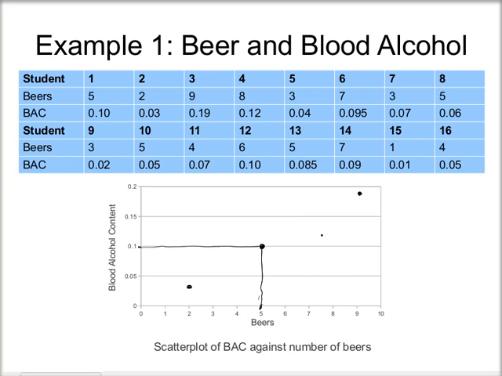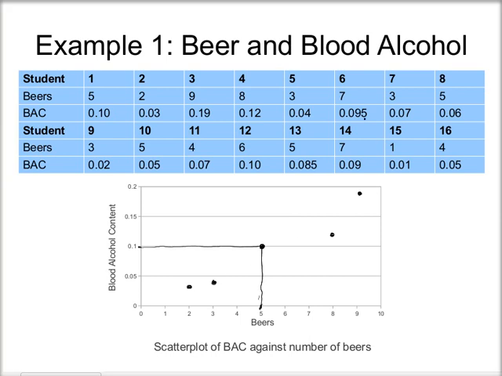My fourth student drank 8 beers and had a blood alcohol content of 0.12, which is about here on my chart. The next student drank 3 beers and had a blood alcohol content of 0.04, which is here on my chart.